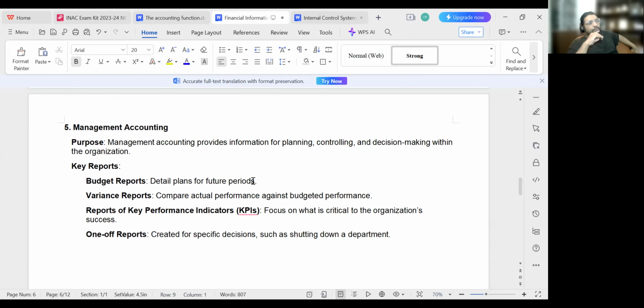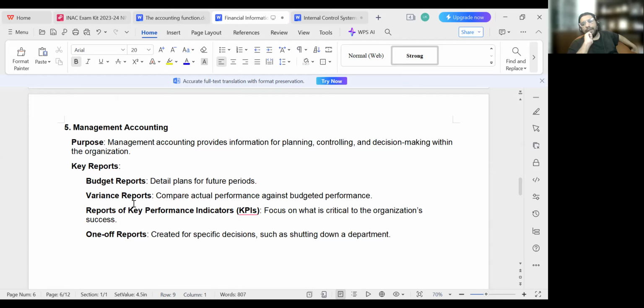That is more concerned with management accounting, okay? You're making the budget reports, variance reports. The major difference between financial accounting and management accounting is that the purpose of financial accounting is to make reports for external users, like shareholders, investors, government, HMRC, employees, suppliers, customers.